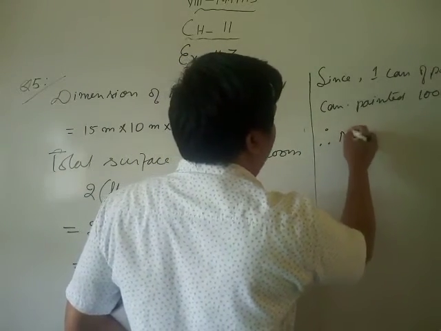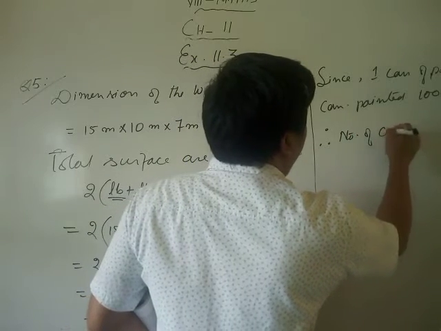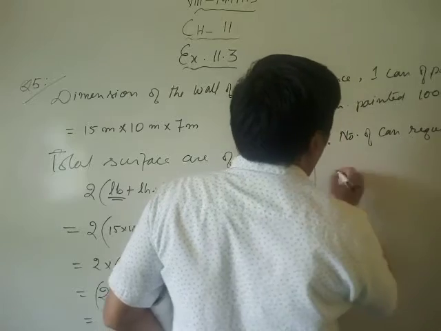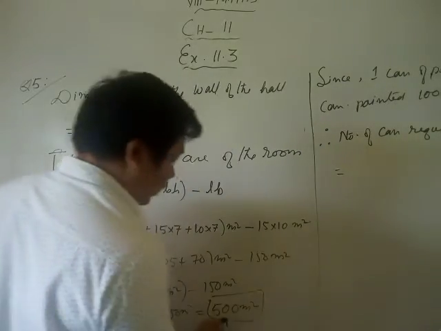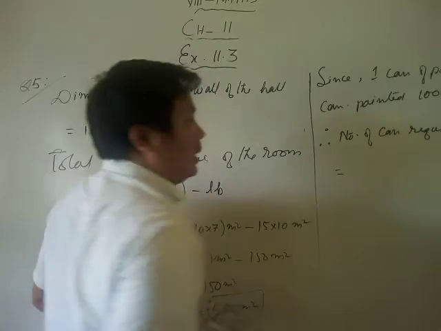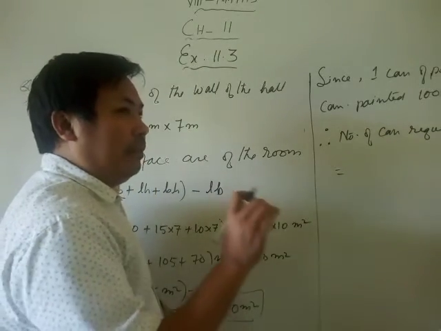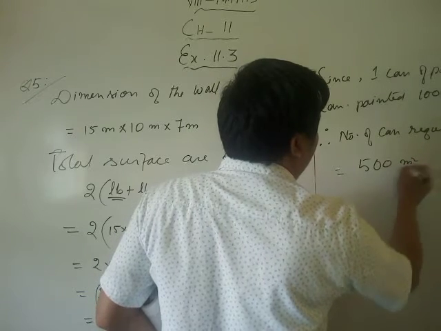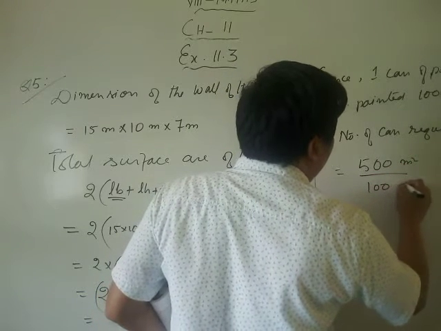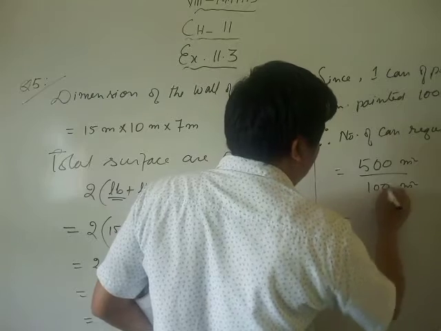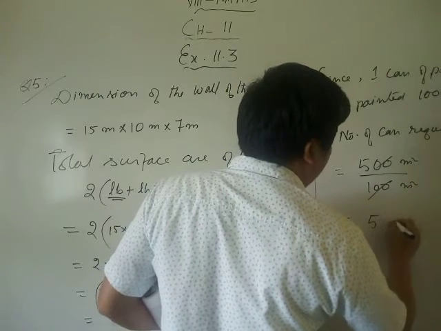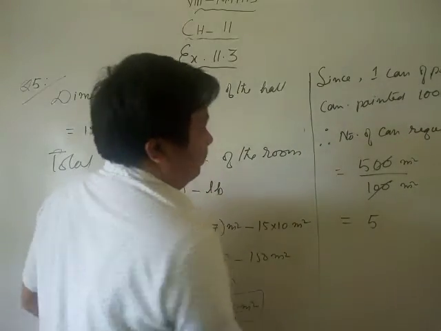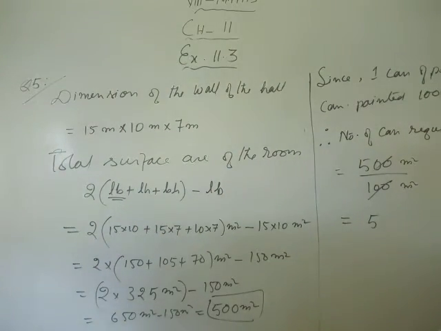Therefore, number of cans required will be total surface area divided by the area painted by 1 can. Total surface area is 500 meters square divided by 100 meters square. That means 5 cans. 5 cans are required. Okay, so this is the answer of question number 5.